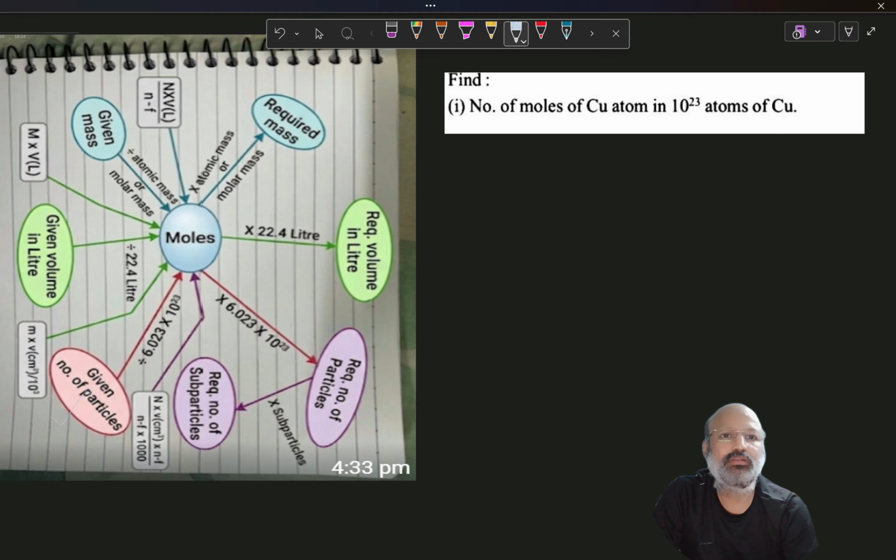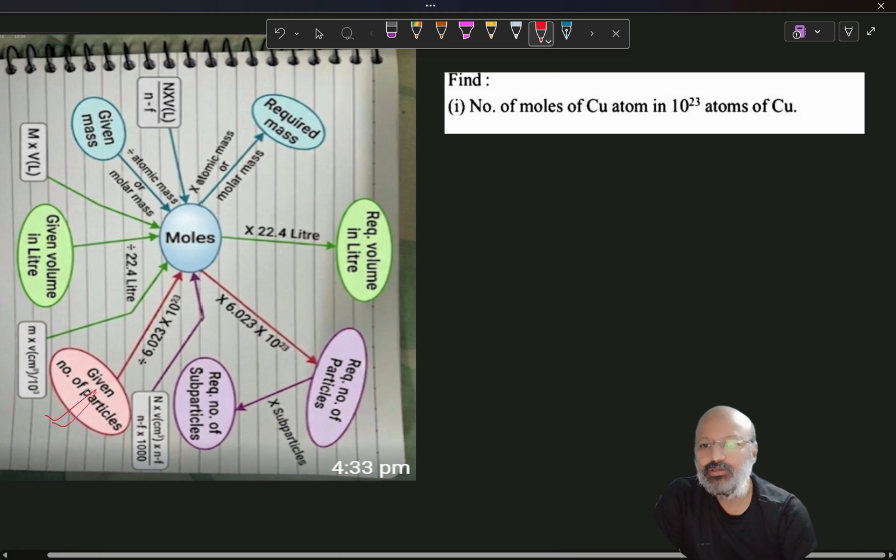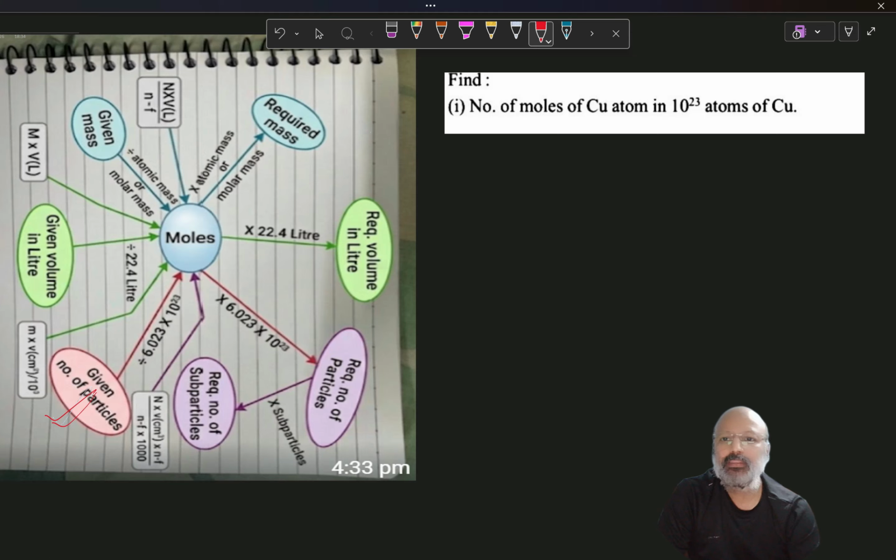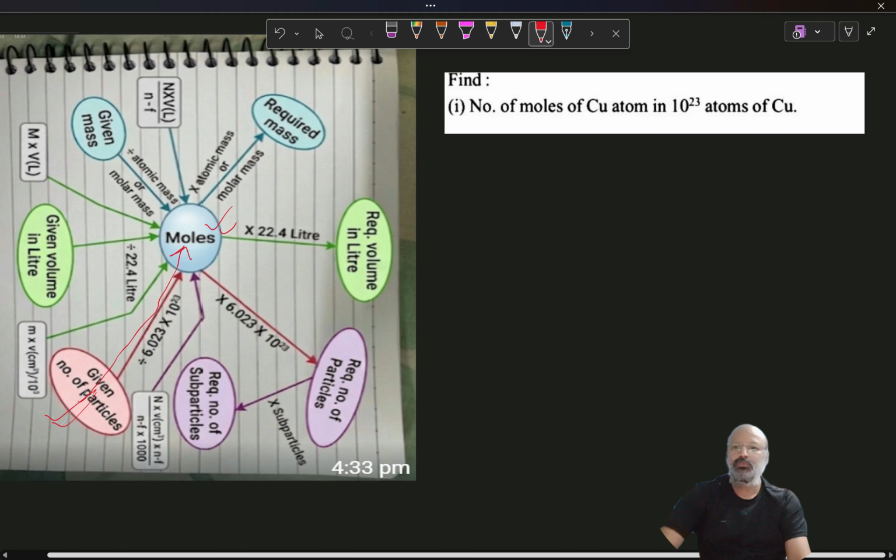Let me highlight it properly. So basically you are here. Can you see it? Now your job is to get to this point. So the journey is very simple. You need to move from this point to this point. I'm showing the route. Okay.